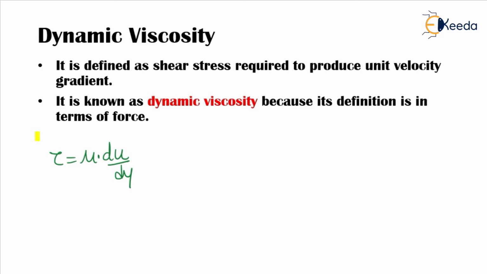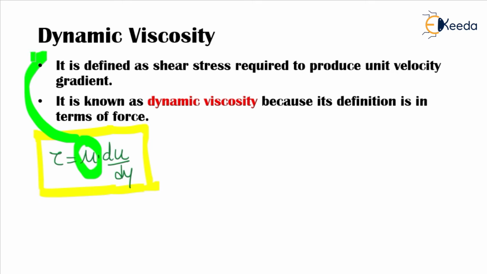This is Newton's equation for viscosity, and this mu value is known as the dynamic viscosity. It is defined as the shear stress required to produce unit velocity gradient. So we can write that mu is equal to tau required to produce du over dy. This is in accordance with our definition.